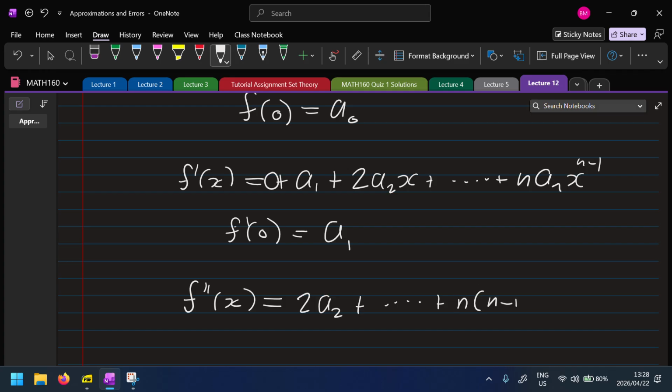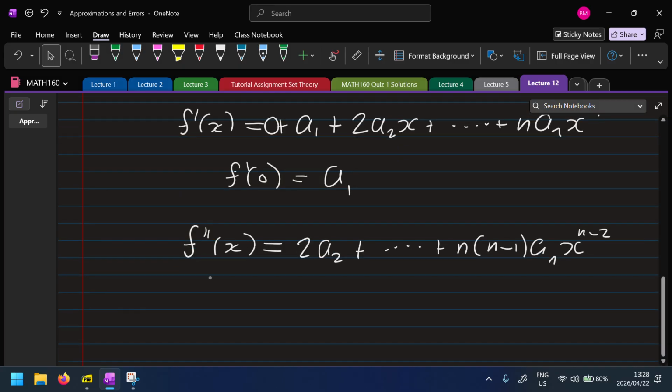Then we have n times n minus 1, an x to the n minus 2. So we just do the derivative again for each of those terms. Again, we want this at 0, so let's substitute 0 into both sides. On the left side, we just get f double prime at 0. And on the right side, everything after a2 has an x with it, so all of that goes to 0.